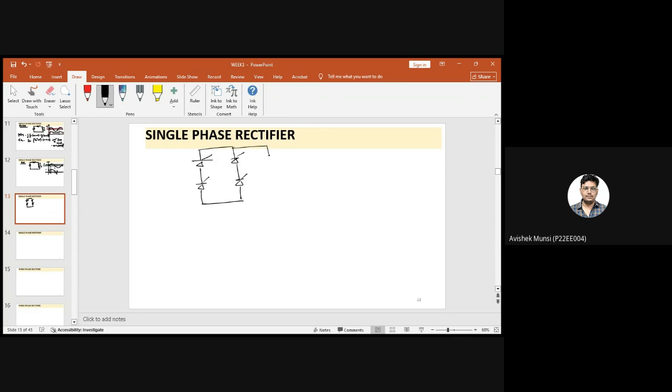And this is one of the easiest parts. So let us consider this as a load. So the load may be RLE type, may be RL type. If the load is like RL or RLE, this is my input.